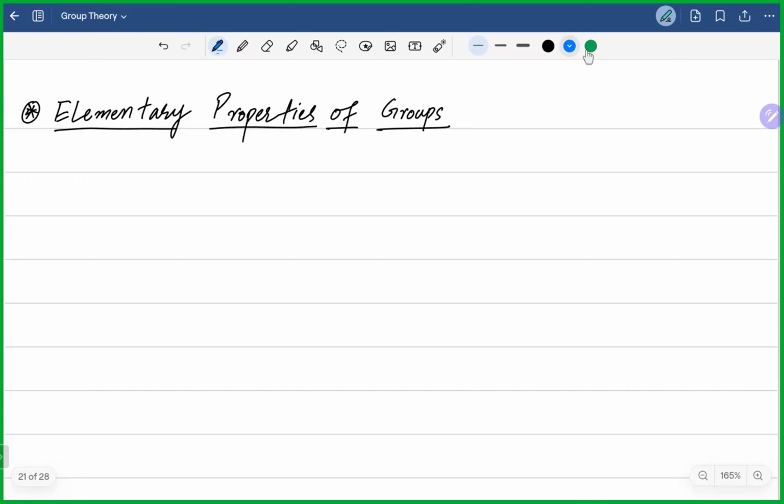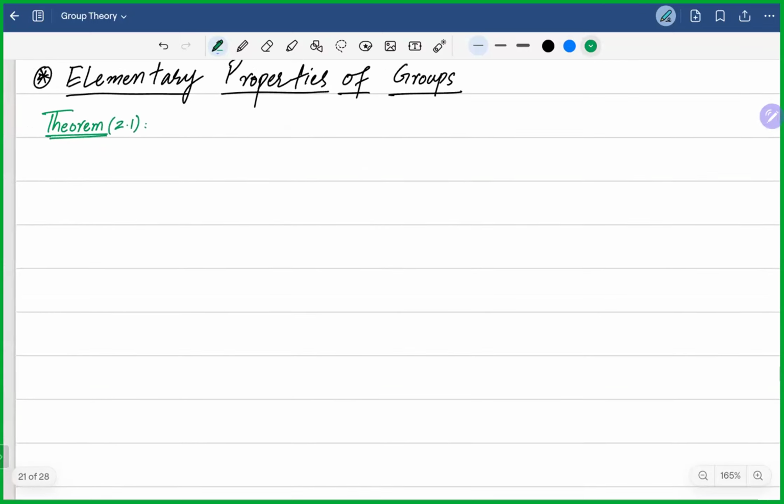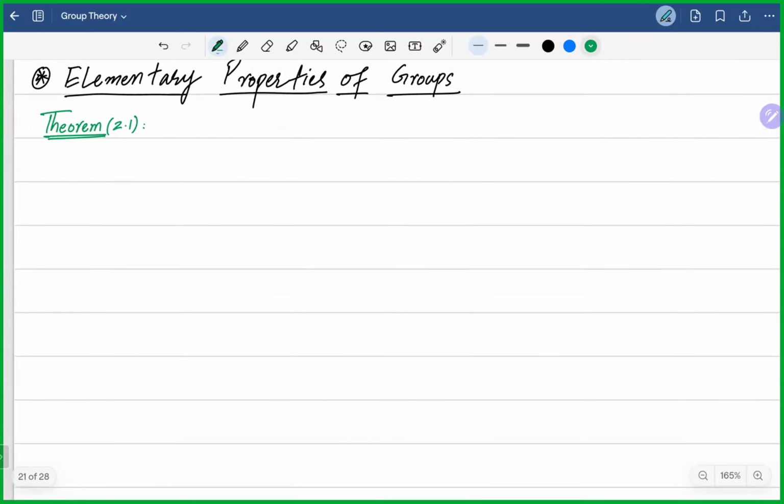So, Theorem 1.2.1. Theorems are the best thing in this course. Theorem 2.1 says uniqueness of the identity.